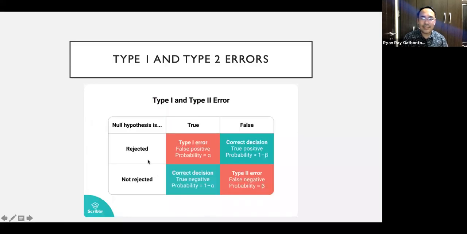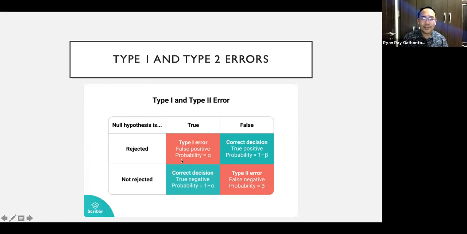To help us understand what type 1 and type 2 error are, we look at this table. Type 1 error is a false positive, which is signified by the probability that is set at 0.05, 0.01, 0.001.